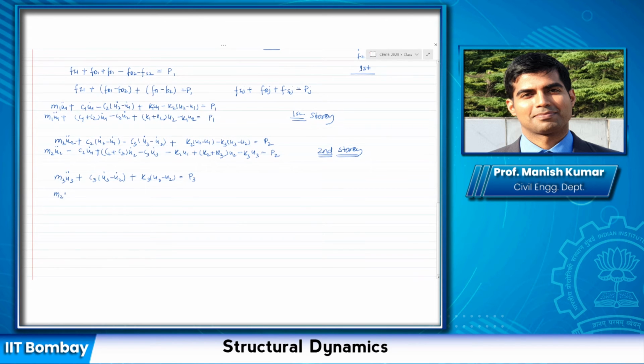So I can rearrange this here, and this can be further written as minus c3 u2 dot plus c3 u3 dot plus, or minus k3 u2 plus k3 u3 equal to p3.